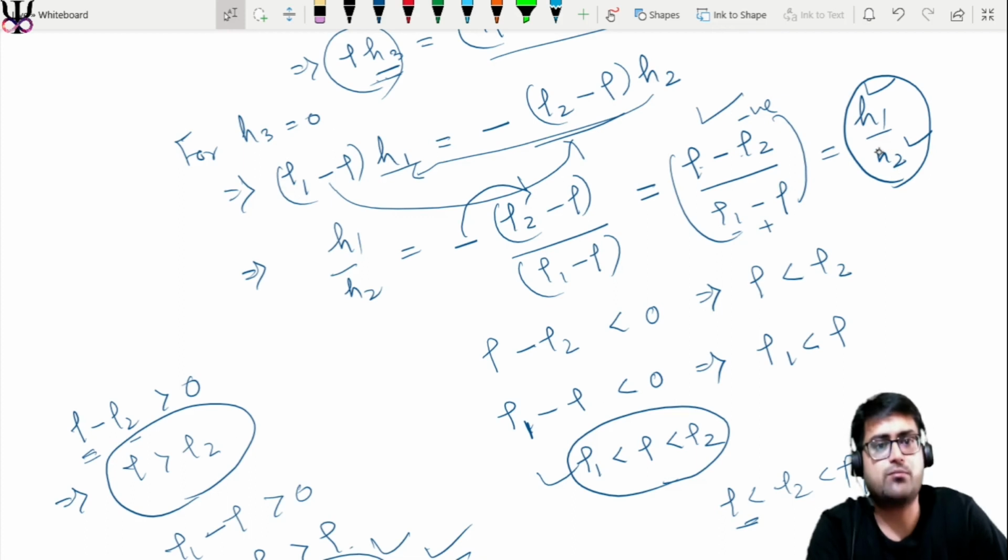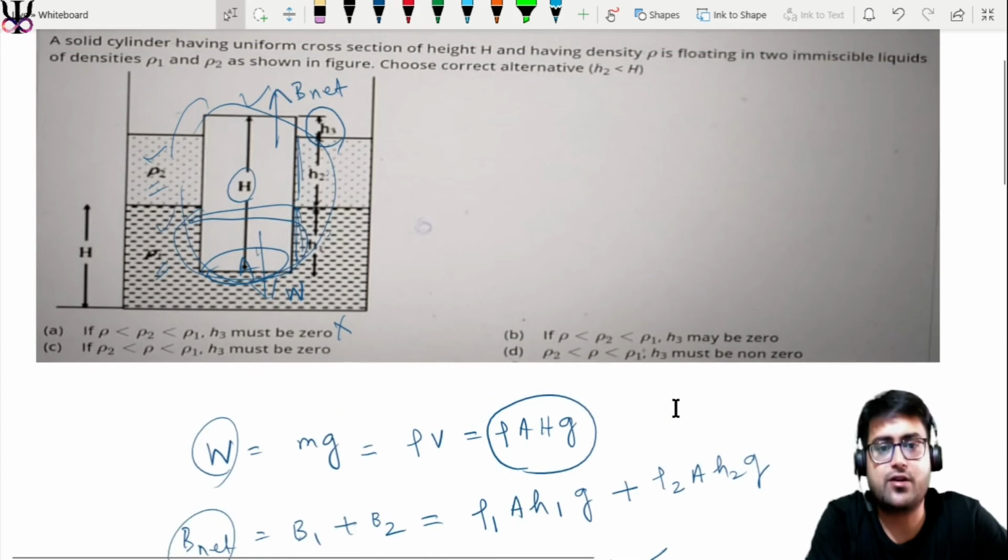So h1 by h2 will have an impossible value. So this condition cannot even hold.